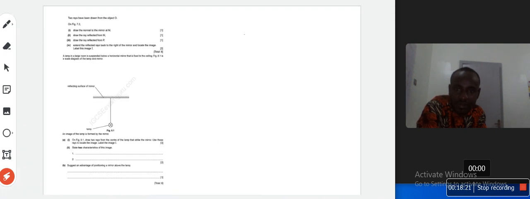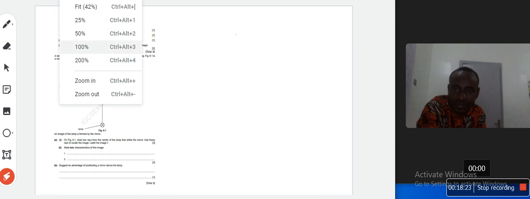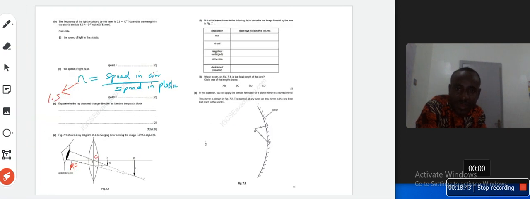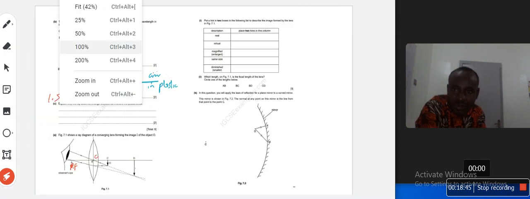It says two rays have been drawn from object O. Draw the normal to the mirror at M, draw the reflected ray at M, draw the ray reflected from P, and extend the rays to form an image. This is basically what we're expected to do.